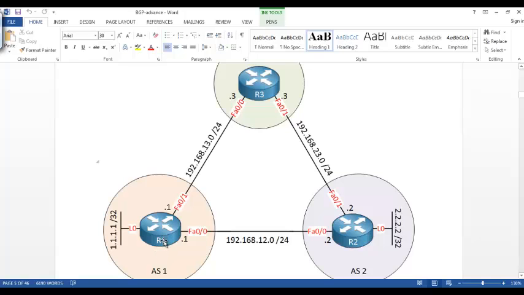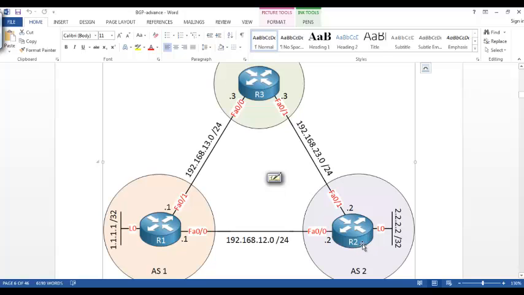If you have an IGP protocol like OSPF, though the administrative distance is higher, the route will still be the OSPF route in the routing table, not BGP's route. Similarly, you go to router 2 and say network 1.1.1.1 backdoor.